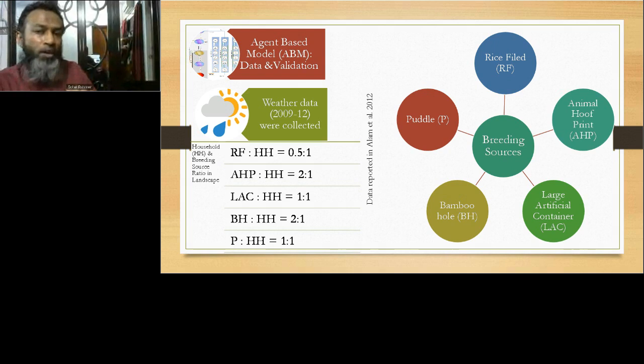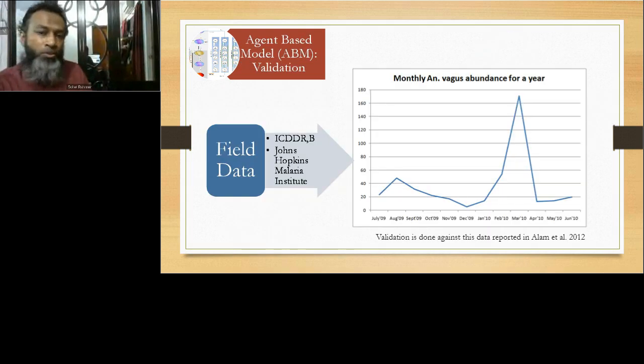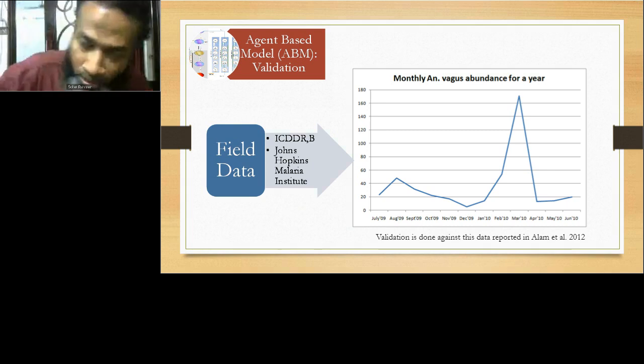So far, we have discussed the core model as well as some implementation issues, but any ABM must be validated, or should be validated if the data is available, against the real data. So to do that, we used the data that was available through a project I mentioned before between ICDDRB and the Malaria Institute of Johns Hopkins University.